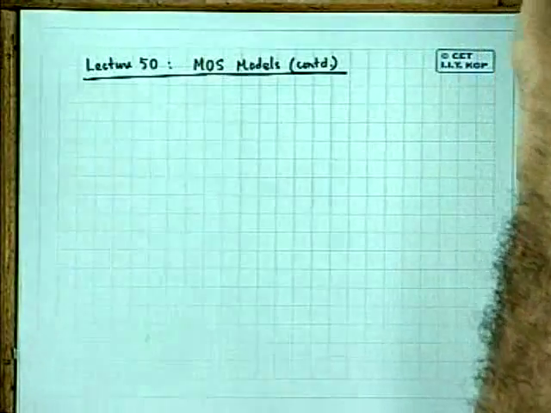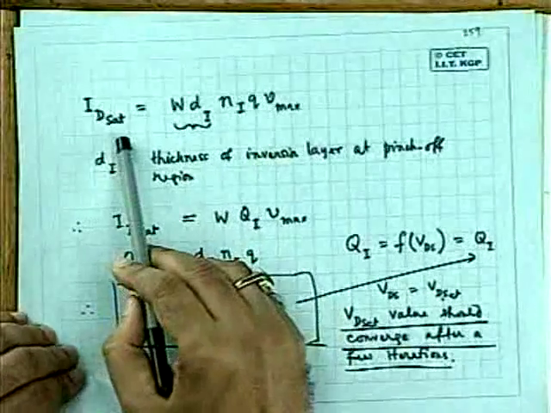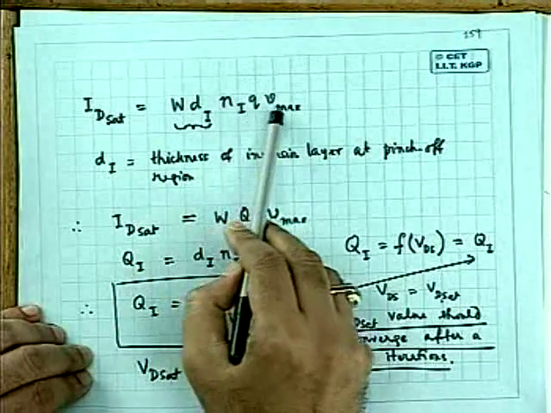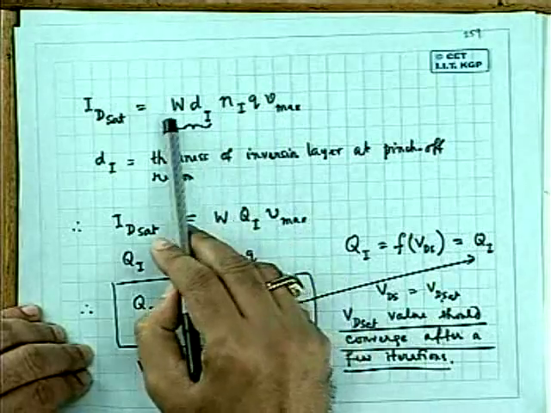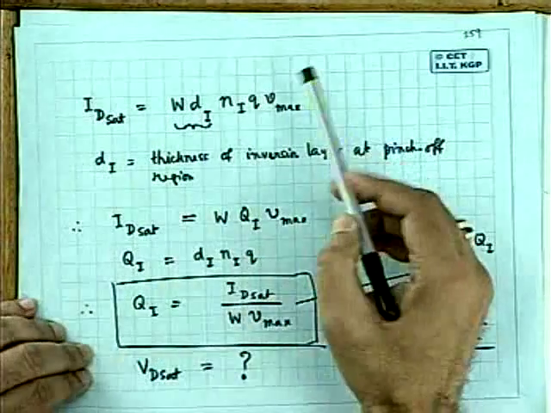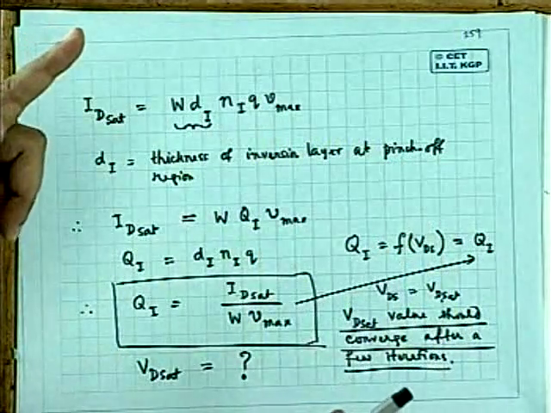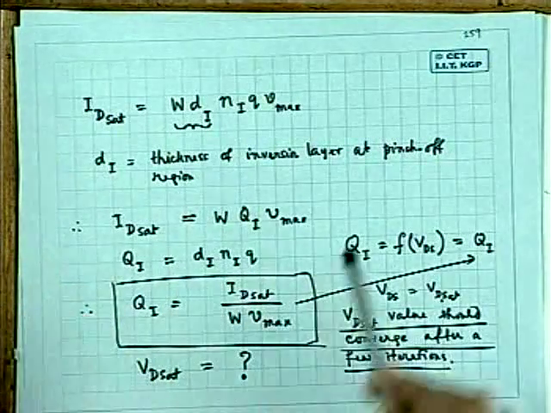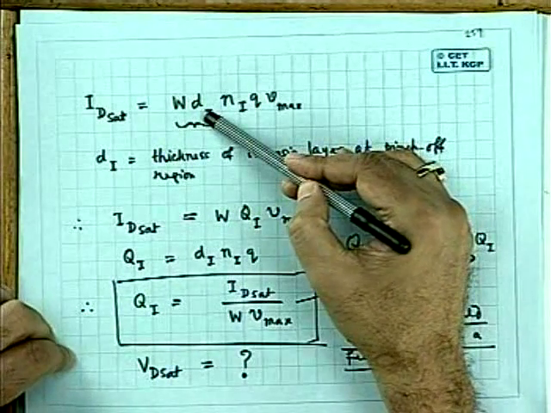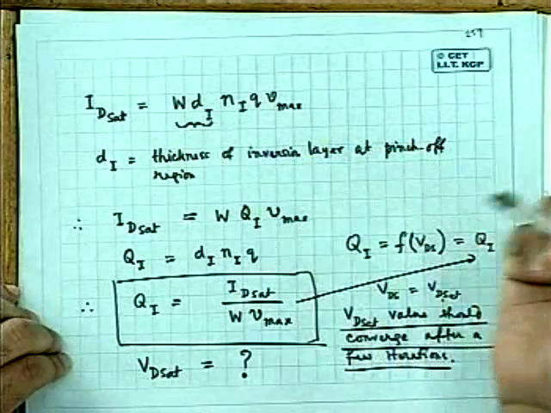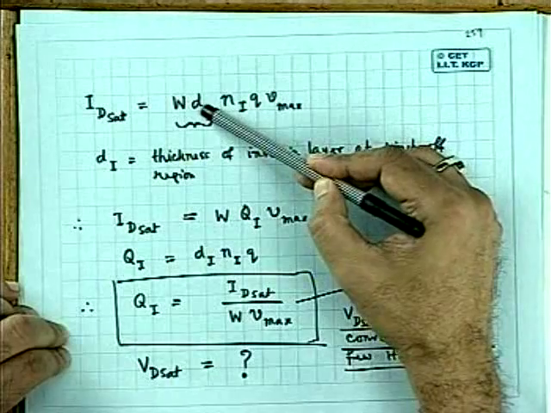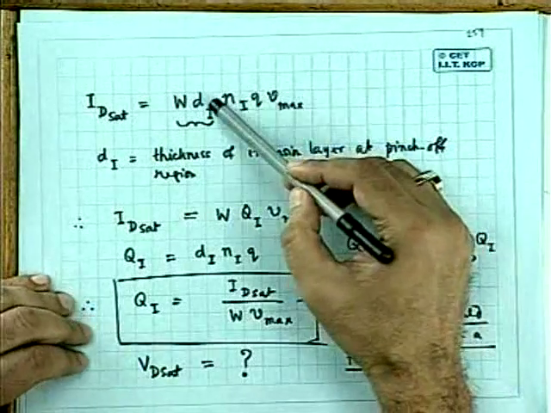Then we could write the ID sat expression by multiplying JD sat with the cross section. The cross section is the width of the channel W multiplied by di, the thickness of the pinch off region, which I called i, meaning inversion. Actually, you see that it is a semi-inversion kind of region.